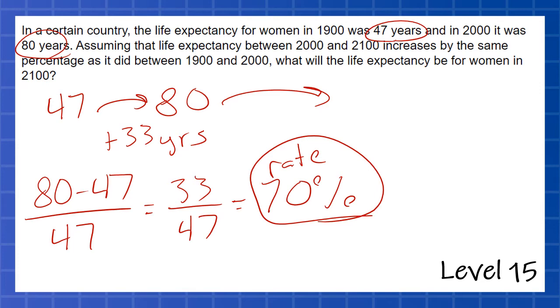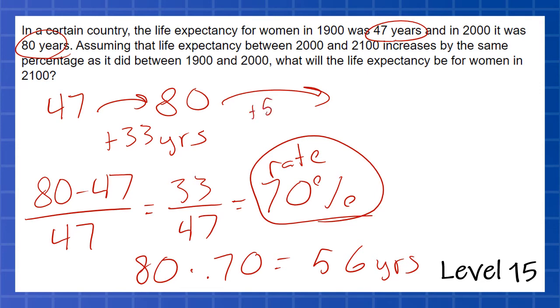And so we need to figure out what is 70% of that 80. We can do that pretty quickly by doing 80 times 0.70. And so that's 56 years. So does that mean that the life expectancy will be 56 years? No, that means we add 56 years, and so we end up with 136 years.